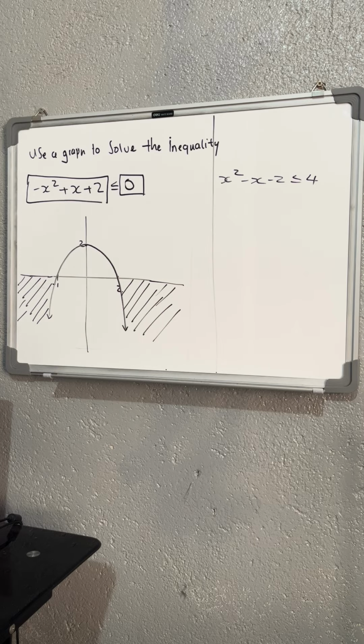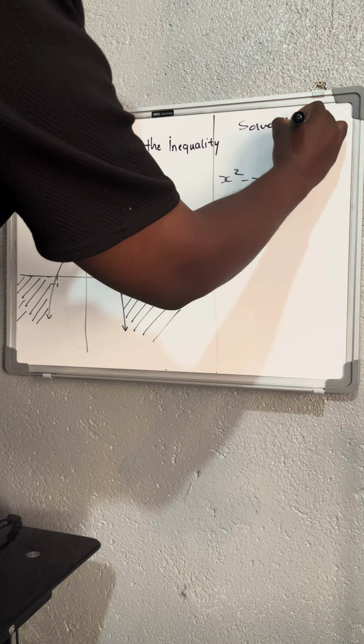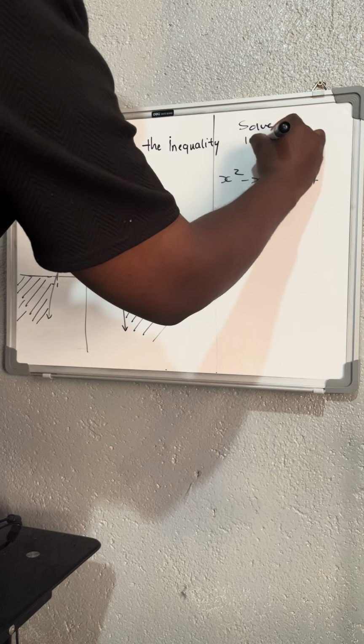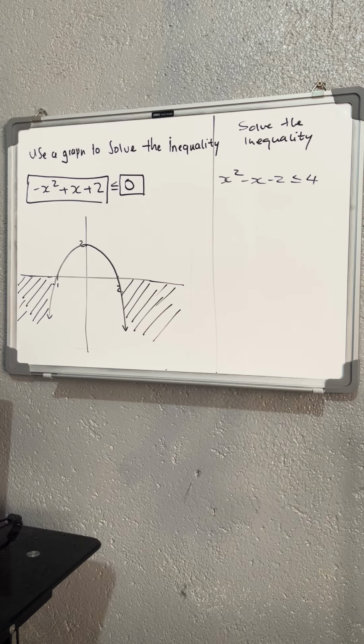Let's just say here they said solve the inequality. So the key thing here to remember is to check if they're talking about the graph, or they're just saying you should focus on solving the inequality.